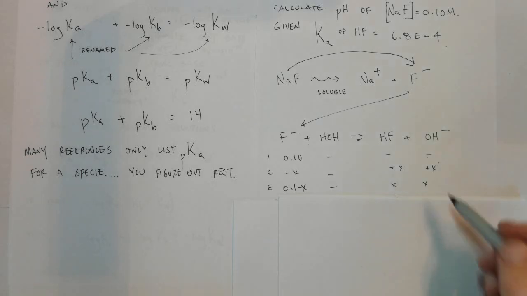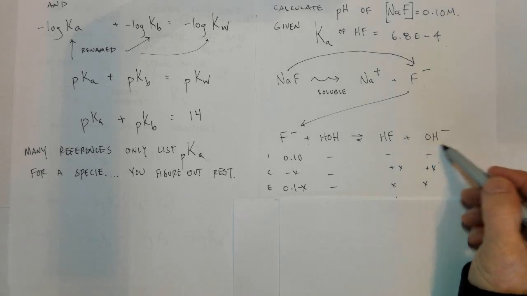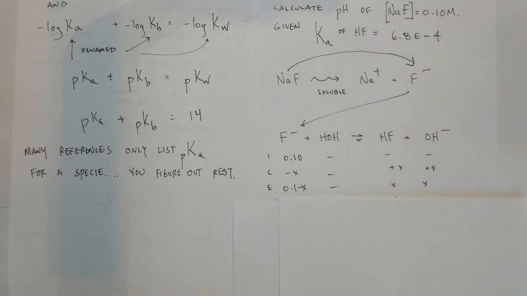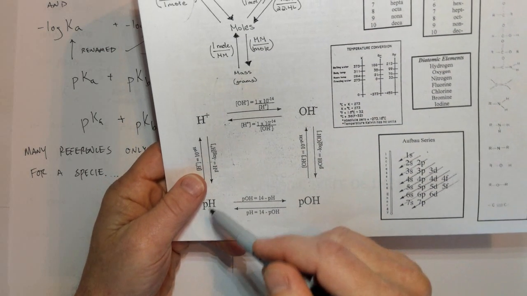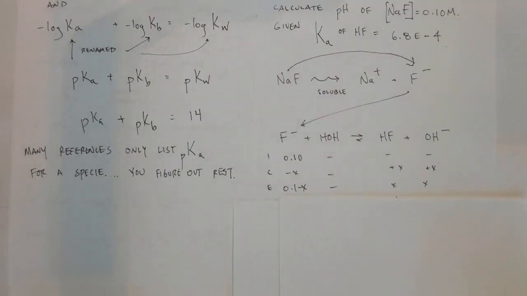And if we wanted to know the pH, the thing we'd want to know right here is the OH-, because if we found the OH-, then we'd be into the pH square, and we could find the pH right here.